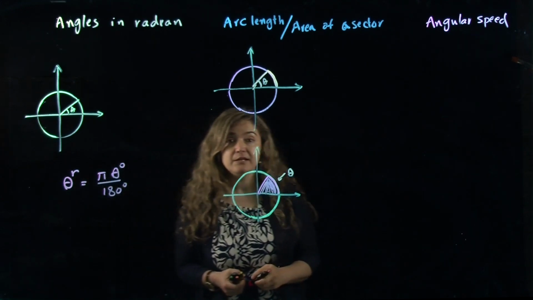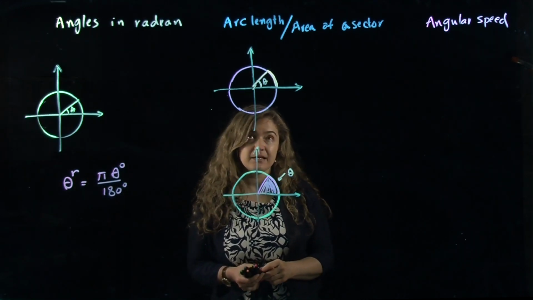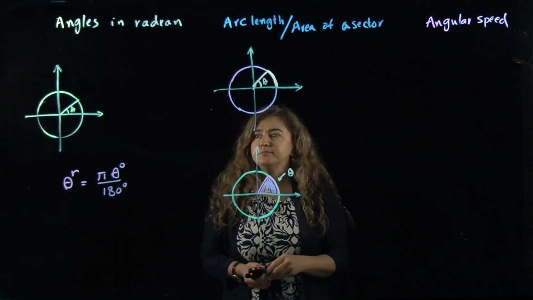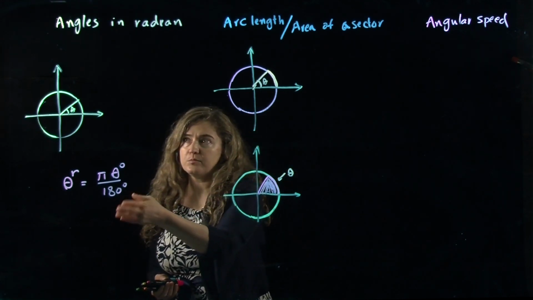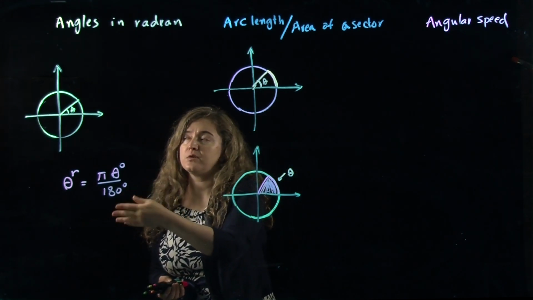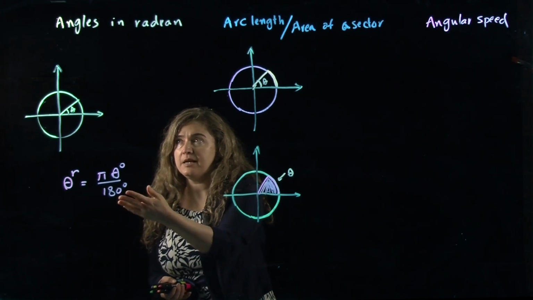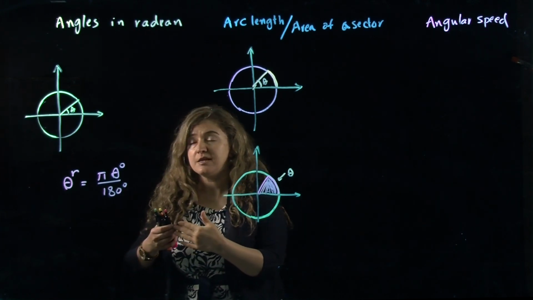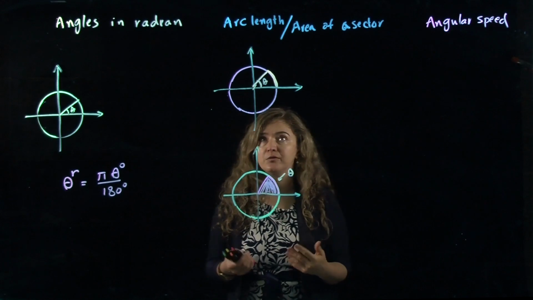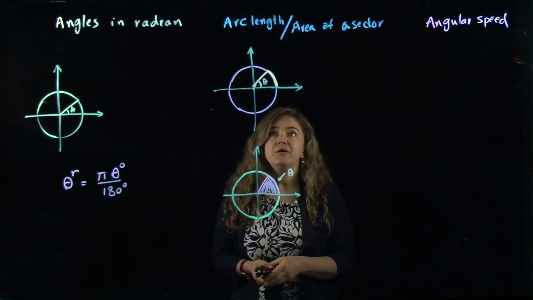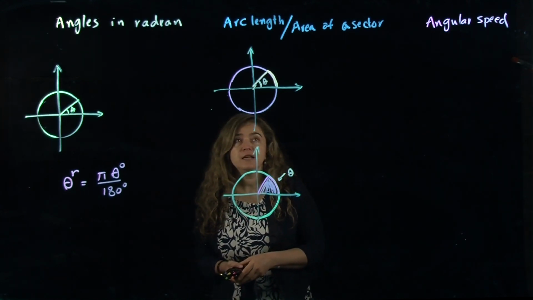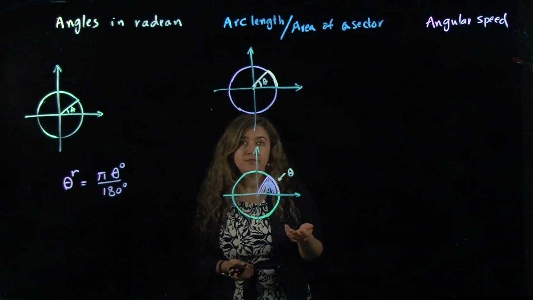And the radian value is unitless again. So the definition that we used in the beginning just gives you the logic behind how it works.